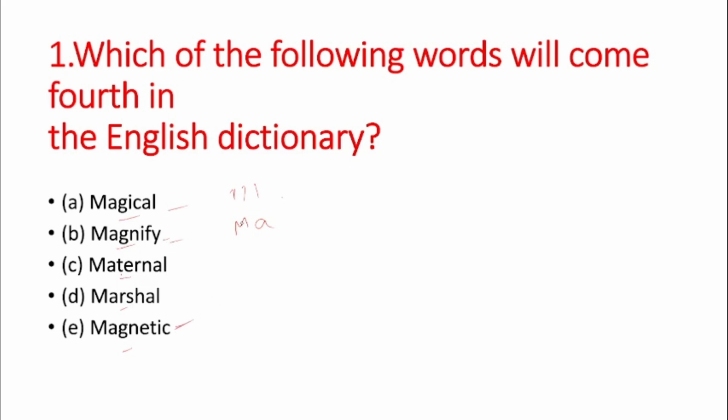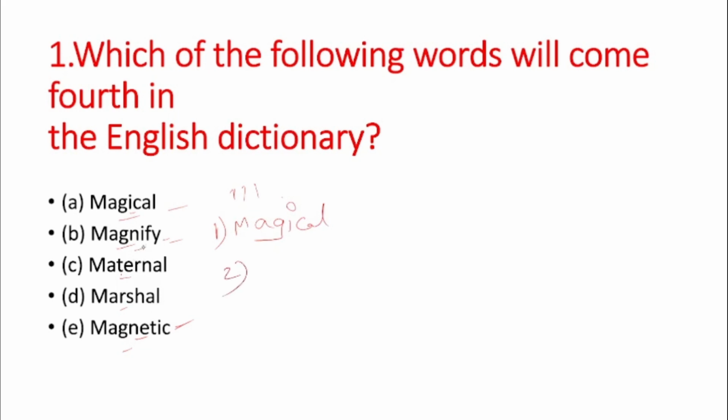So definitely G is going to be in the first word, and the next fourth letter, if you see, it's I here, N here, and again N here. So definitely I comes before N. So magical would be the first word.